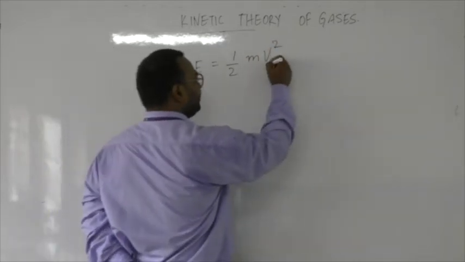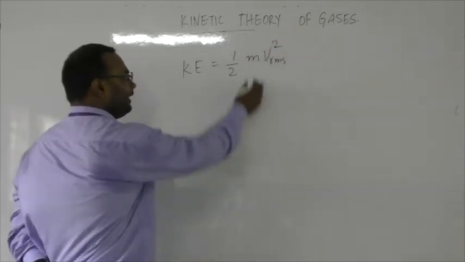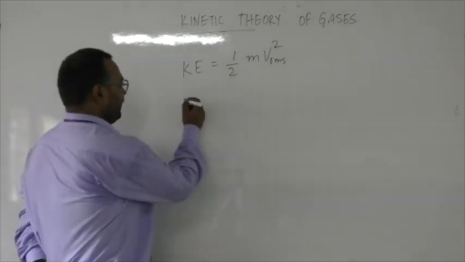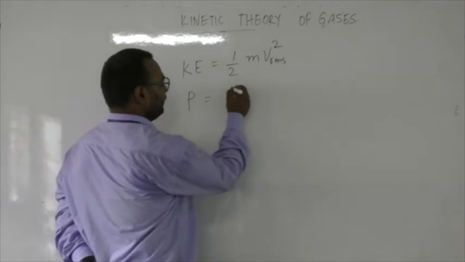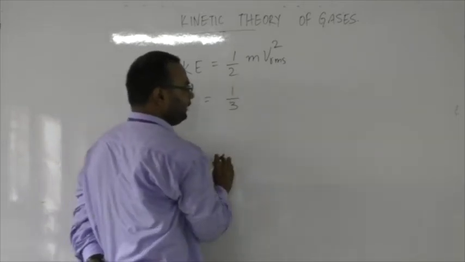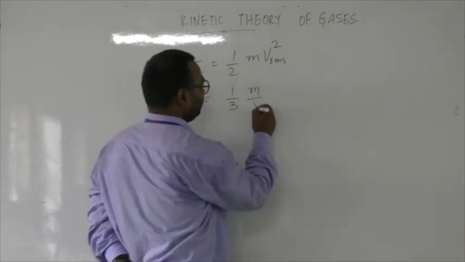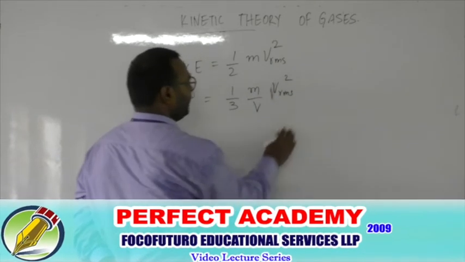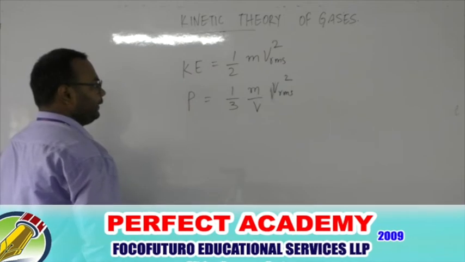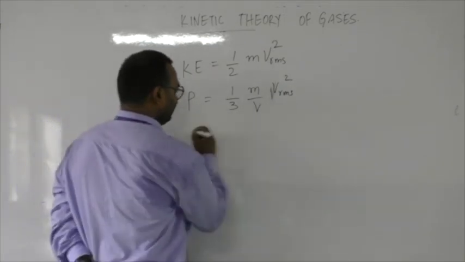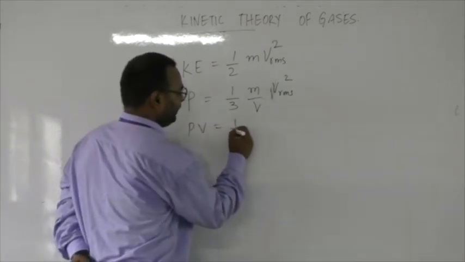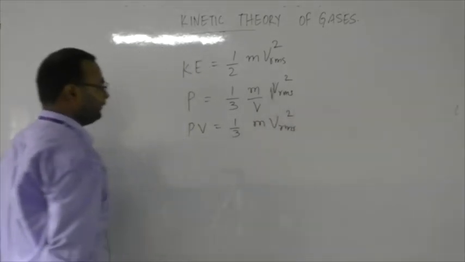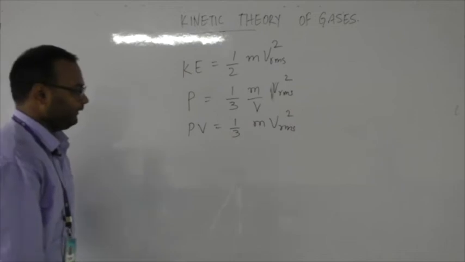For a gas, you can write half m Vrms square, where m is the mass of the gas. And you know that pressure is 1 by 3 M upon V Vrms whole square. Now, with some modification, you can write P into V as 1 by 3 m Vrms square.